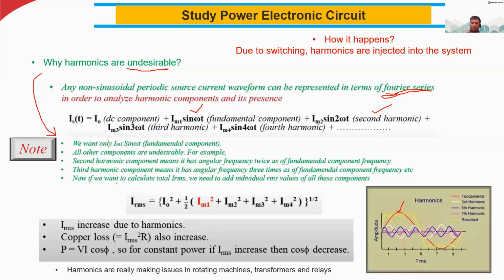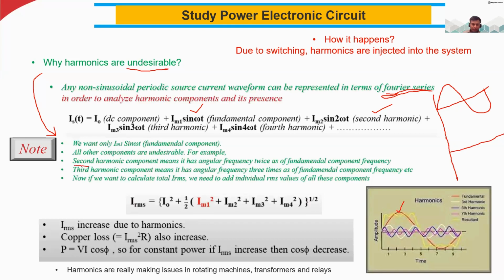Fourth order harmonic similarly has an angular frequency four times that of the fundamental component. What does that mean? Let us take one example, then you will understand better. Now I have the sinusoidal wave. This is called the fundamental component, and this is what I want. But what does second order harmonic mean?